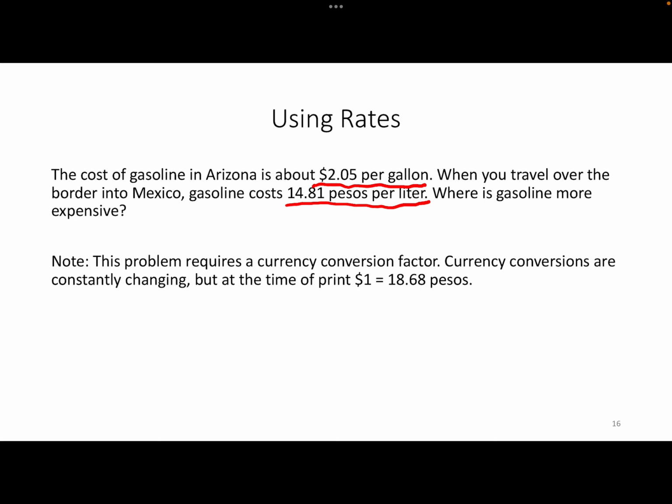And then what are the conversion factors here? One is given, right? $1 equals 18.68 pesos. And then for the other, we need a gallon and liter conversion factor. So 1 gallon equals 3.785 liters.